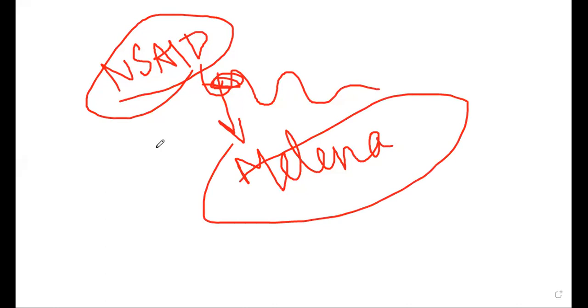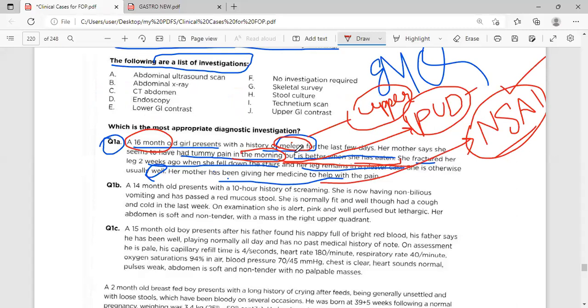So you have this 16-month-old girl having melena. That is showing upper GIT problems, having PUD because there is morning pain that is relieved when she has eaten. The third one is the history of taking medicine. So by these three clues, we can find out that this is a case of peptic ulcer disease, which has been precipitated by using NSAID and has led to melena.